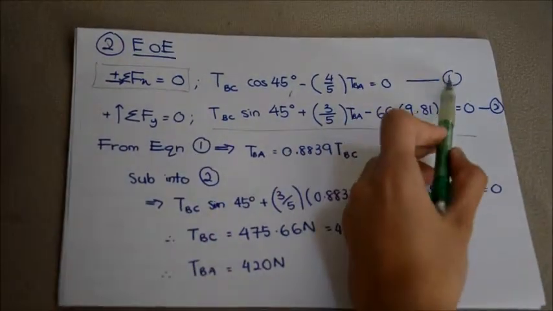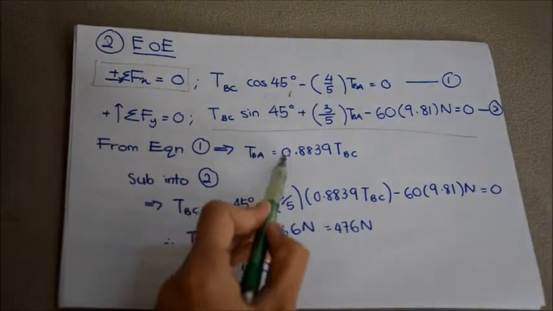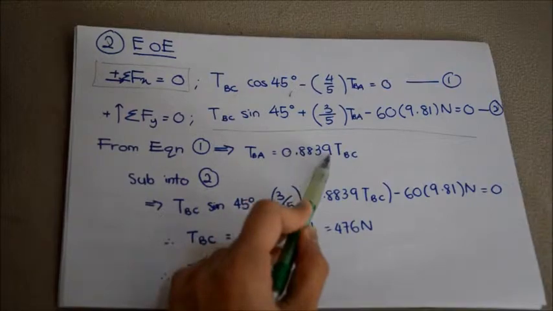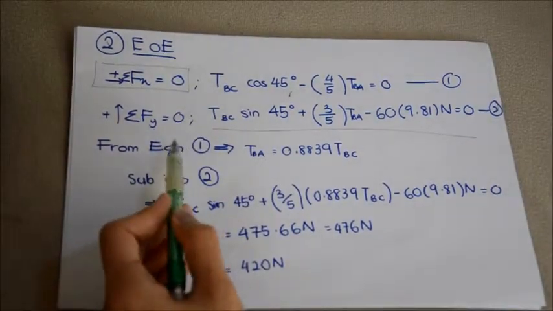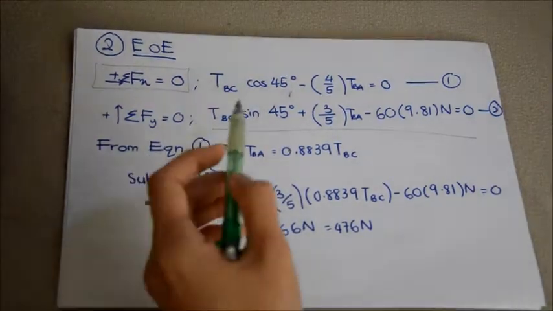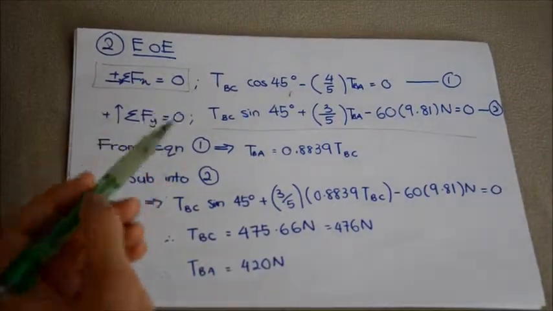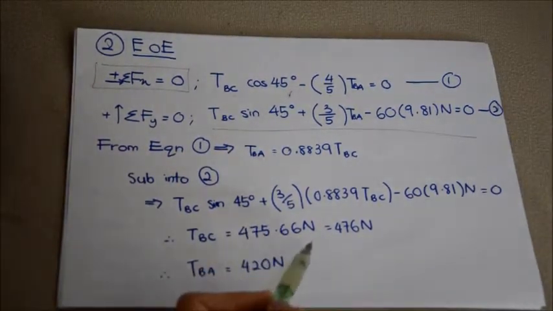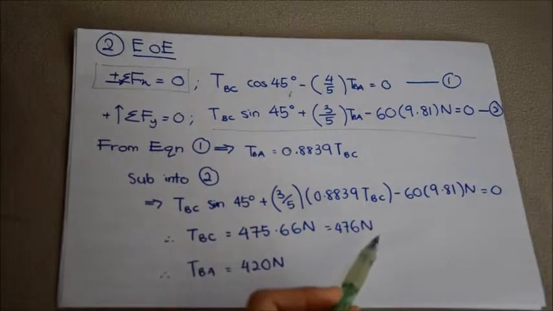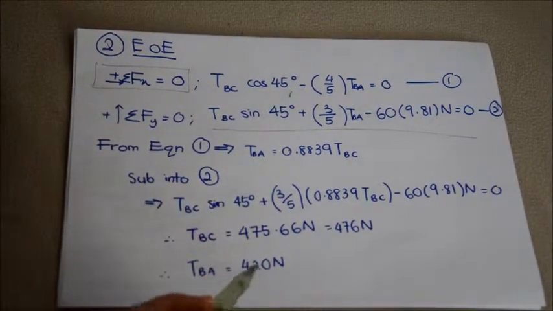Next, from equation 1, we can make TBA equal to 0.8839 TBC. Then, we substitute this into the second equation. Thus, we can solve the unknowns and we get the value of TBC equal to 476 Newton, and TBA equal to 420 Newton.